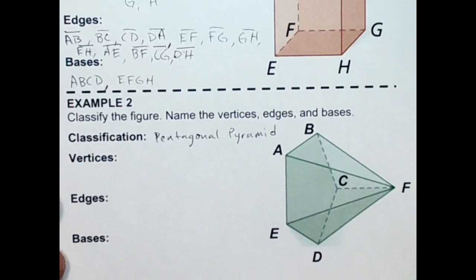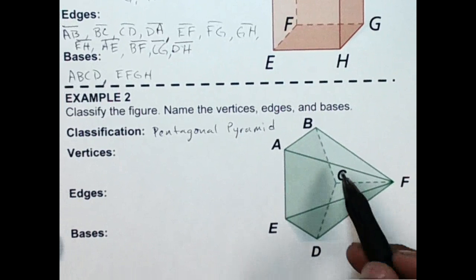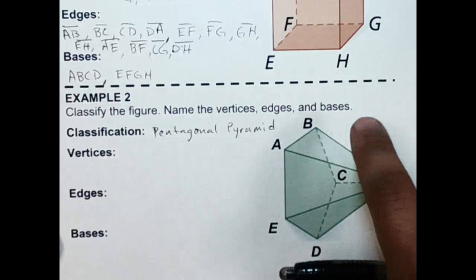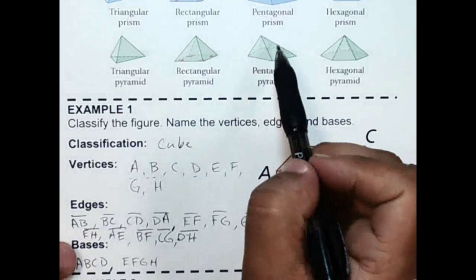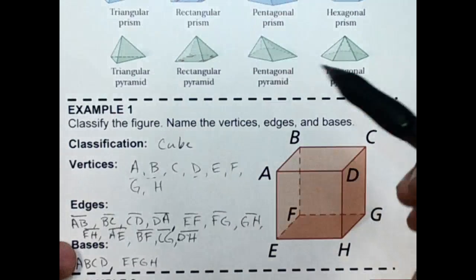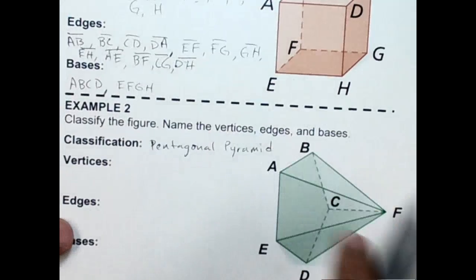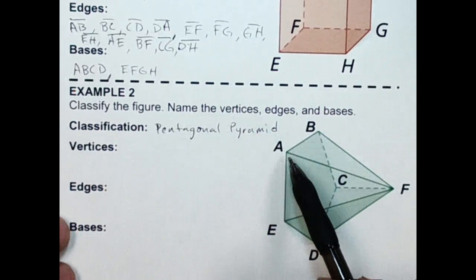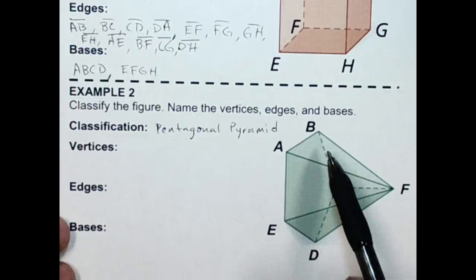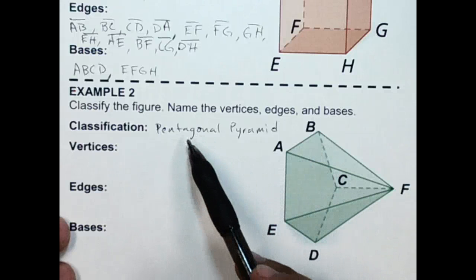Now I put this one on the side because your solids are going to be rotated. It doesn't always mean that your bases are going to be on the bottom. These shapes can be twisted and rotated any direction, but it's the unique base on this pyramid that gives it the actual name.